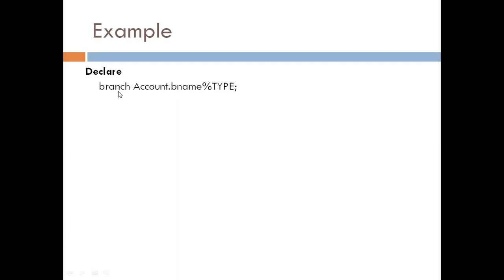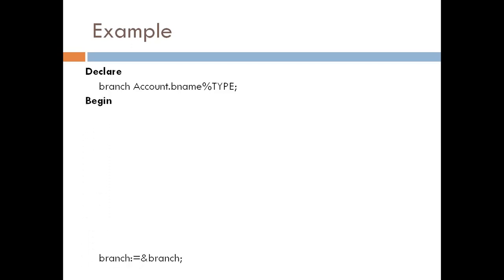So first of all, we have to take the value for the branch from the user side. So we are declaring a branch variable for bname column. So here we are declaring branch variable for the account table. So we are using anchored data type. So branch is a variable name, account.bname%TYPE.